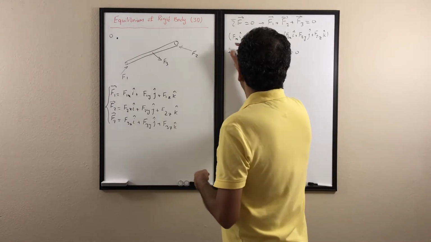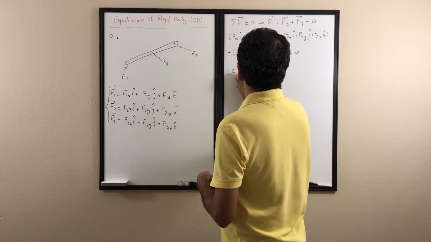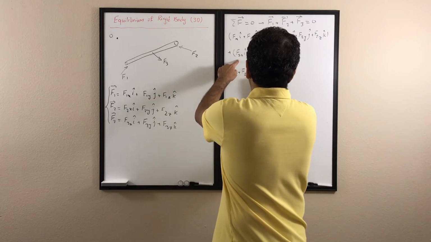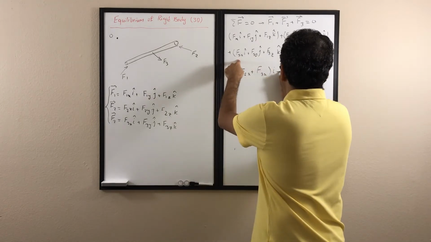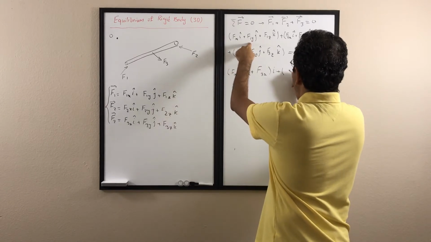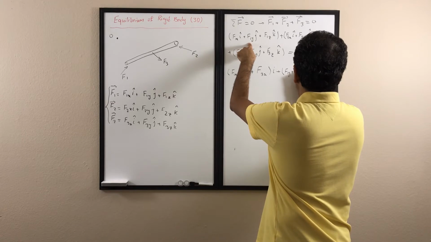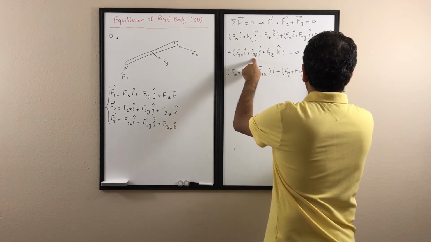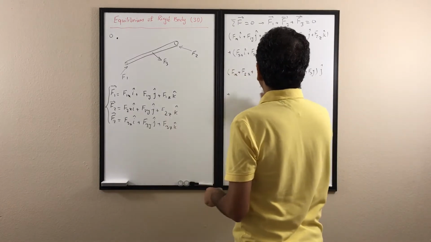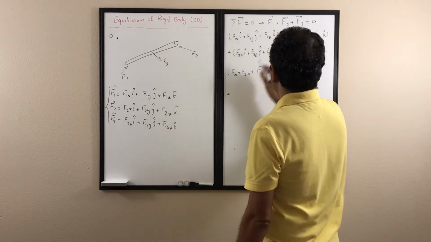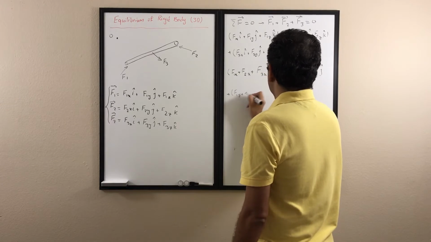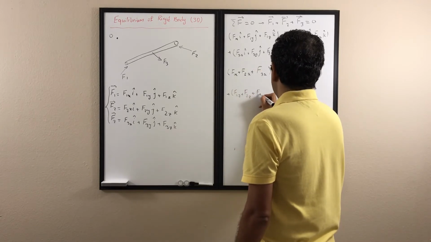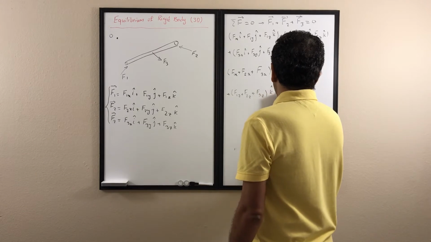So it's going to be F1x plus F2x plus F3x i, plus, now put all the ones with j together, so F1y plus F2y plus F3y j, and then I will put all the ones with k together, so it's going to be F1z plus F2z plus F3z k, and then it's 0.